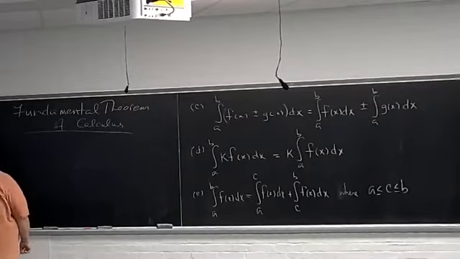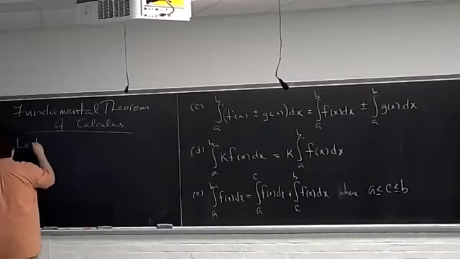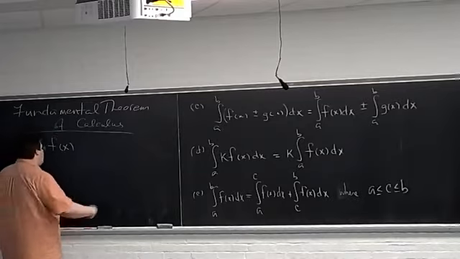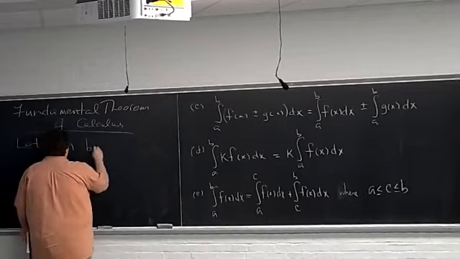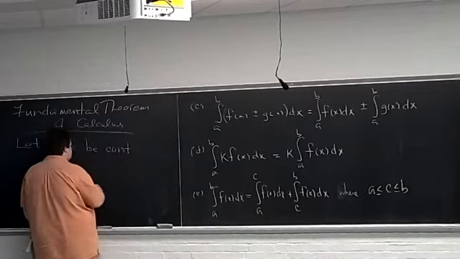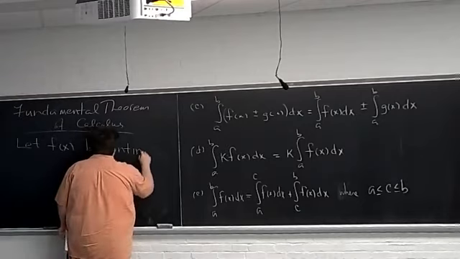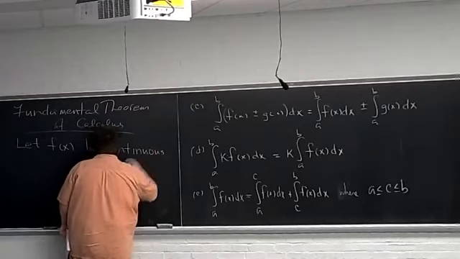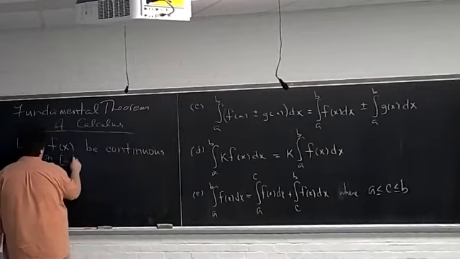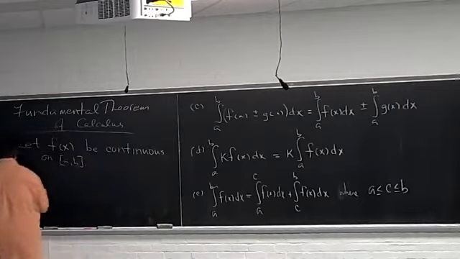So all we need here is a continuous function. It may not be differentiable everywhere, but it is continuous. If it's not continuous, then you can break it into its pieces. But let's let f of x be continuous on A to B. Part 1.